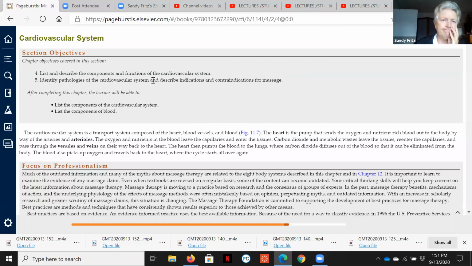But more than likely, and this is talked about again in the section in chapter 12 in Fundamentals on how we adapt massage to fluid movement, you're going to hear it in the next piece with the lymphatic system.